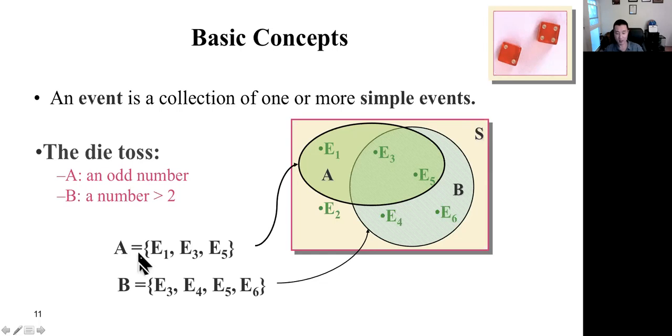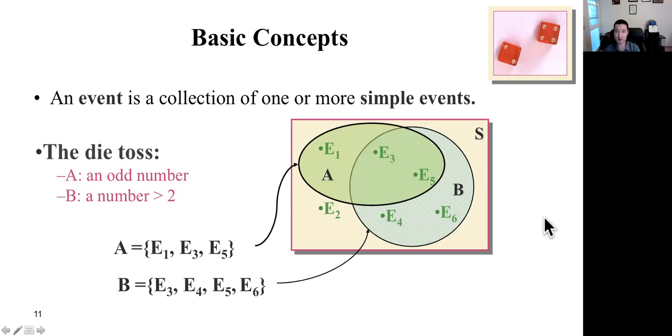And event B is we have a number larger than 2, which includes E3, E4, E5, and E6. So that's event B. And we can see here both E3 and E5 are included in event A and event B.